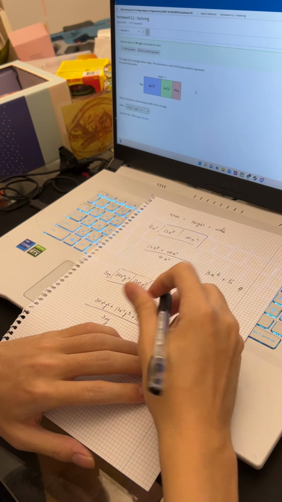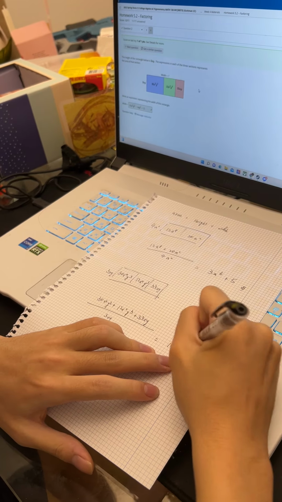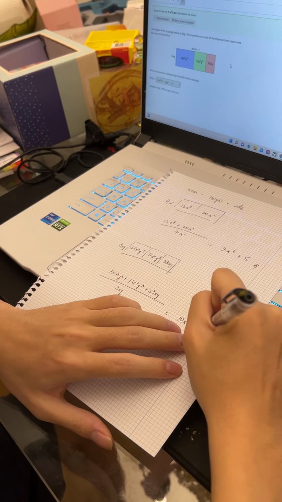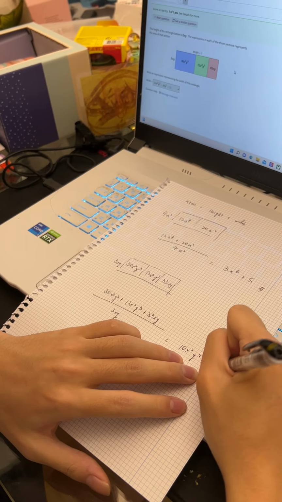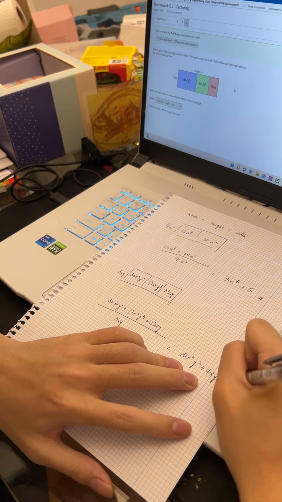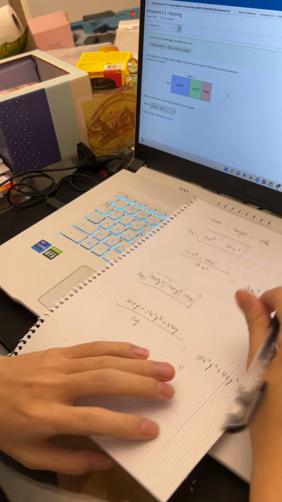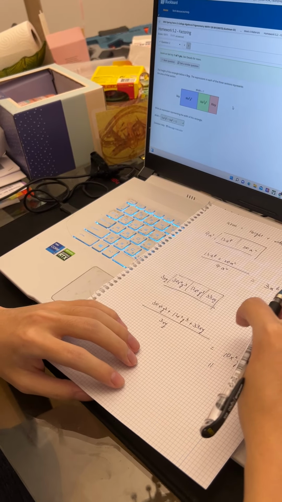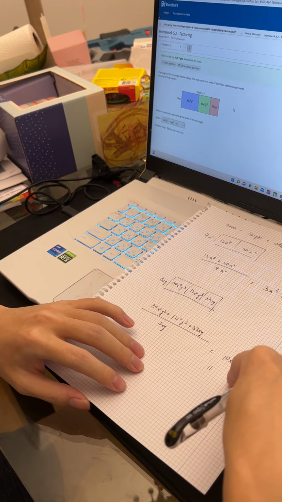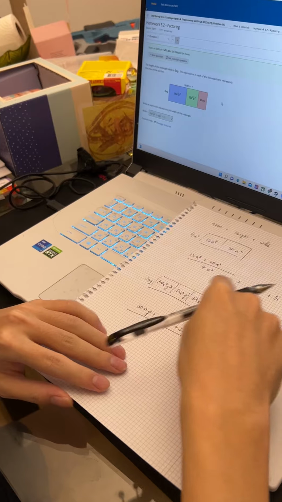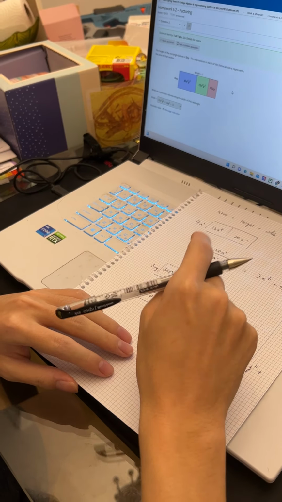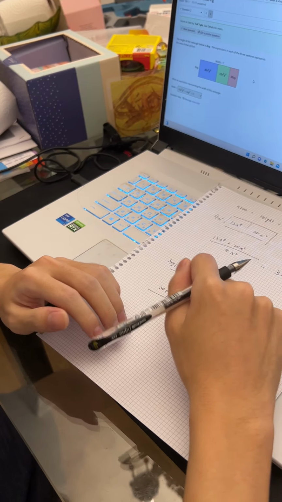10x squared y squared plus 4xy squared plus 11, the 33xy divided by 3xy. And the reason I get this is the same power rule: when dividing, the powers are subtracted from each other.